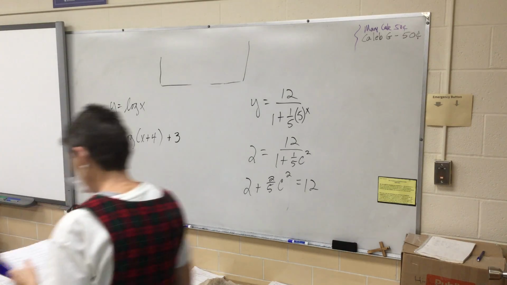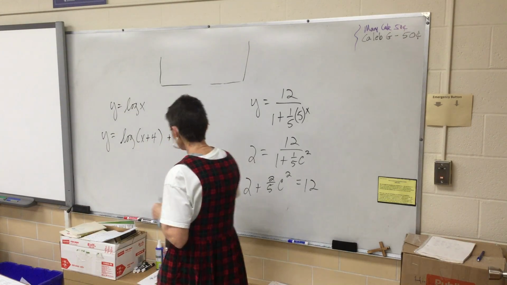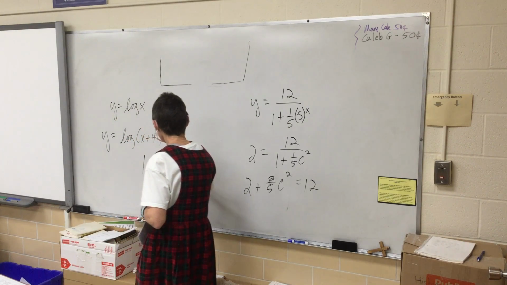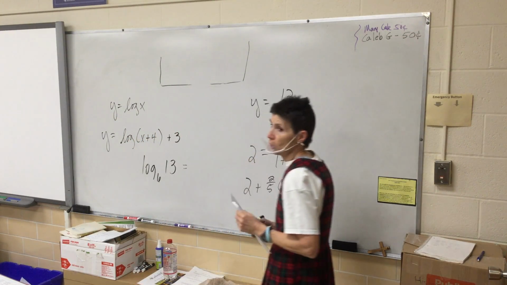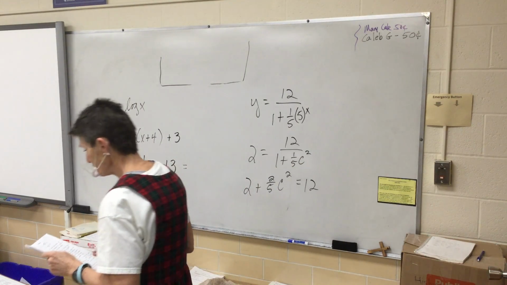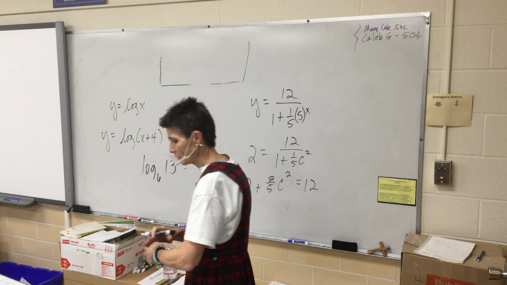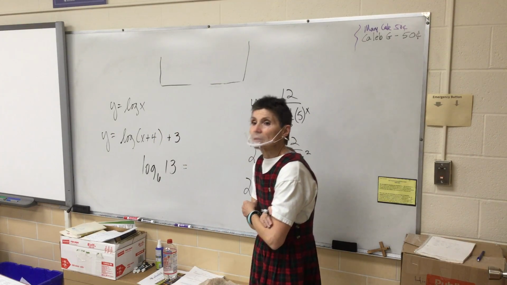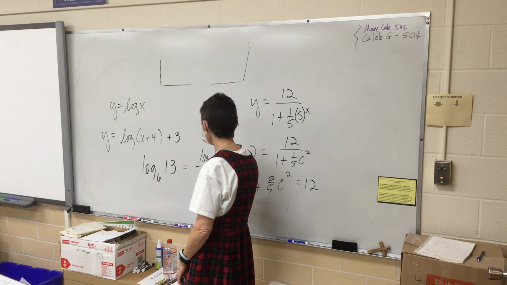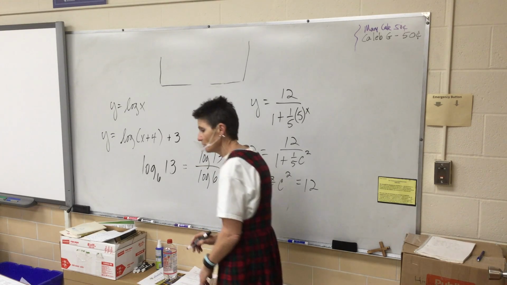Number 1, log base 6 of 13. There's a short way and a long way to do this problem. What's the short way? This is review number 2 for chapter 3. It's a change of base. It says log 13 divided by log 6. That's all there is to it.